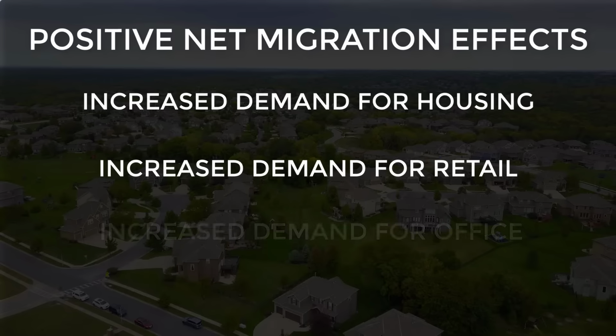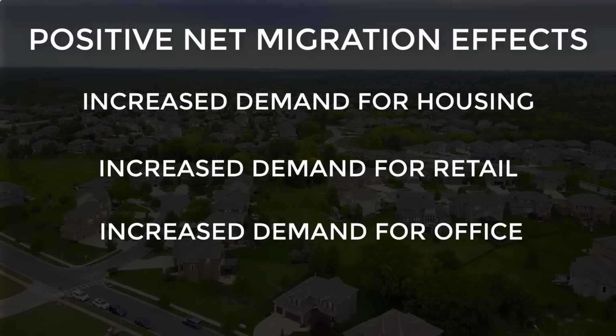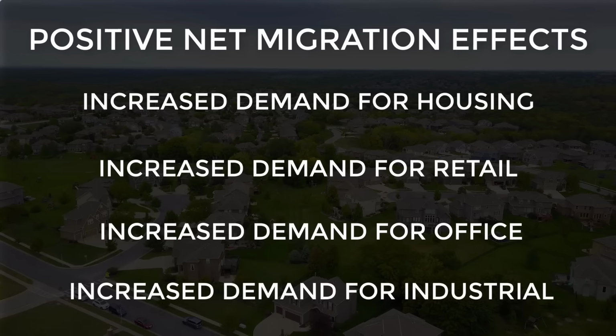And as far as office properties are concerned, many states actually have net migration patterns that are in large part due to job growth in the area. And what this means is more demand for office space, which creates upward pressure on office rents as well. Even for industrial properties, with more people living in certain areas, there will be more of a demand to create industrial hubs near that growing population to get them products that they've ordered more quickly.